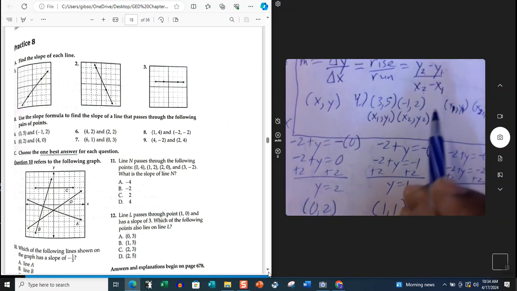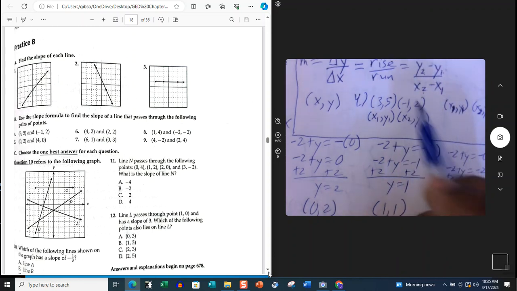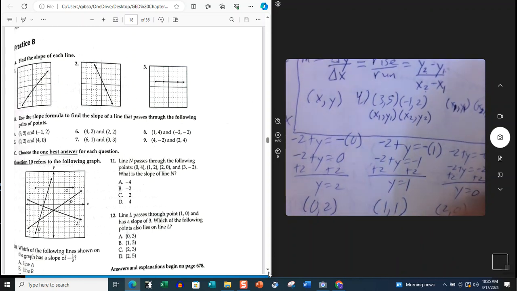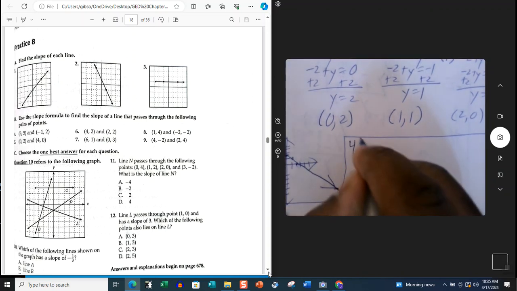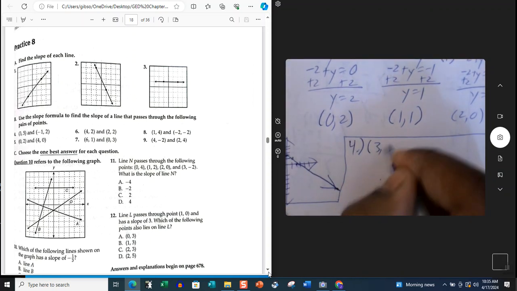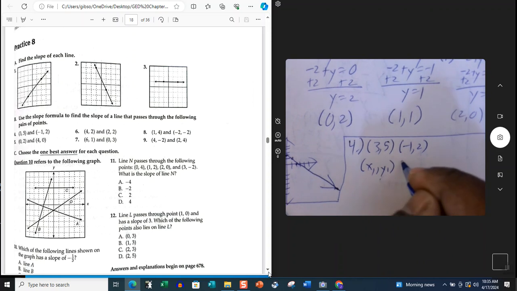So now, since we have what each of them mean, all we have to do is substitute that into this slope formula. Now I'm going to go down a little bit on my paper because I ran out of room here. Let me slide this down, and I'm going to rewrite number 4 again. So we had 3, 5, negative 1, 2, and we know this is x sub 1, y sub 1, and this is x sub 2, y sub 2.